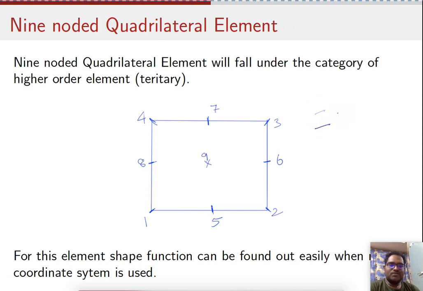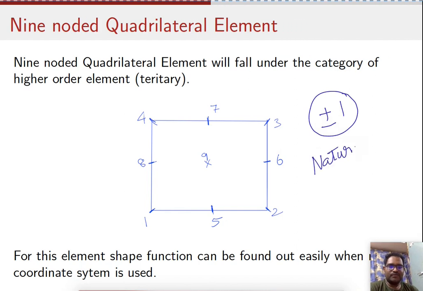All the values will have a boundary of just plus or minus 1. So this is the consideration that we are going to take. This particular 9-noded rectangular element will follow a natural coordinate system. Calculating the shape functions can be done using the simple Lagrangian method.